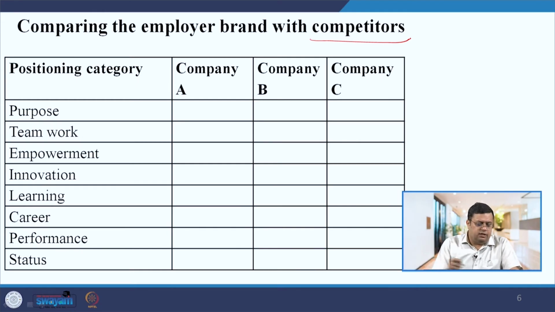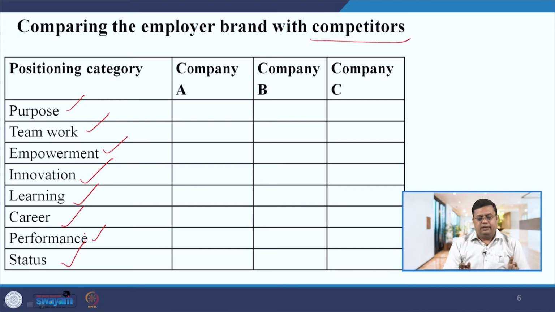They are positioning for meaningful job, they are positioning for teamwork, they are positioning for empowerment or autonomy given at a workplace, they are positioning for innovation, they are positioning for learning, career, performance, status. So, you need to understand how your organization is positioning and how your competitors are positioning.